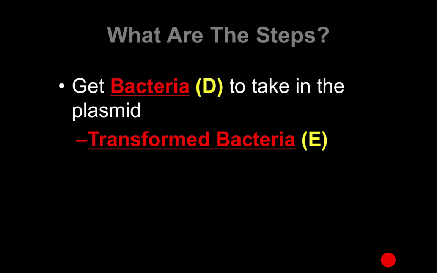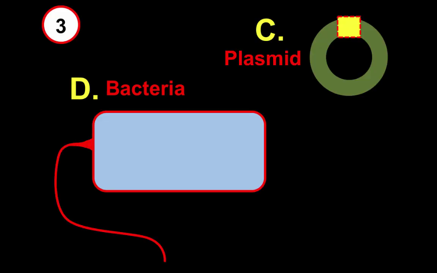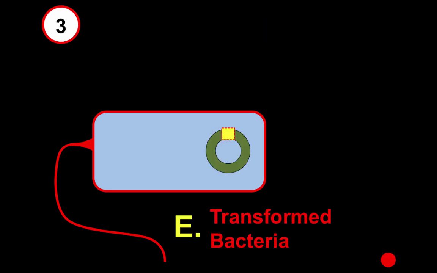It is a bacteria that has a human gene in it. So it's a new organism. Here's my bacteria, and here's my plasmid with the human gene, and there are various techniques to do this, but I'm going to get that plasmid inside that bacteria, and it has now become a transformed bacteria.